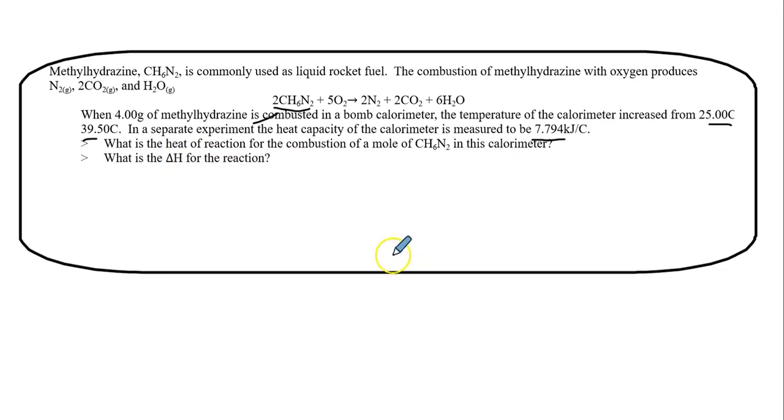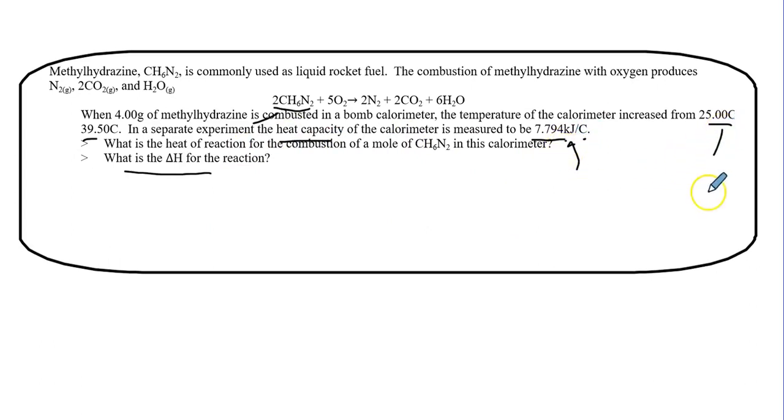A couple things you want to note here. And what's the delta H? Take a minute, pause it, try it. Okay, a couple things I noticed right off the bat is this guy here. It's called heat capacity, and look at what you get, kilojoules per degree Celsius.